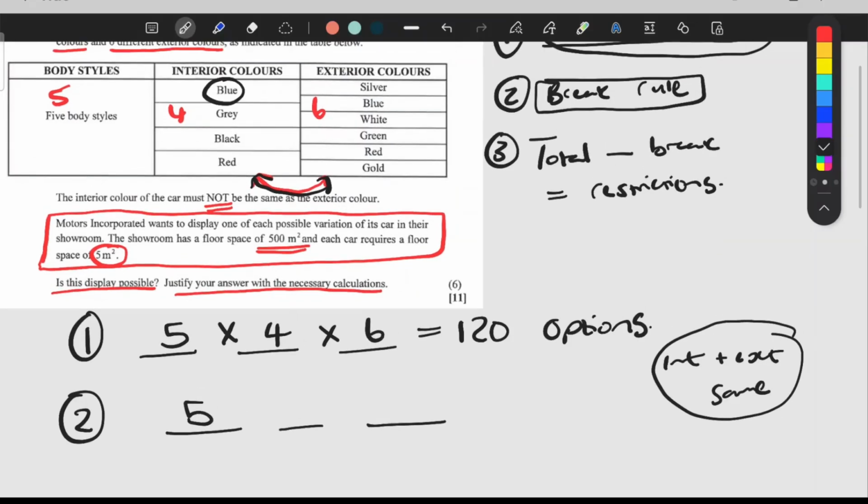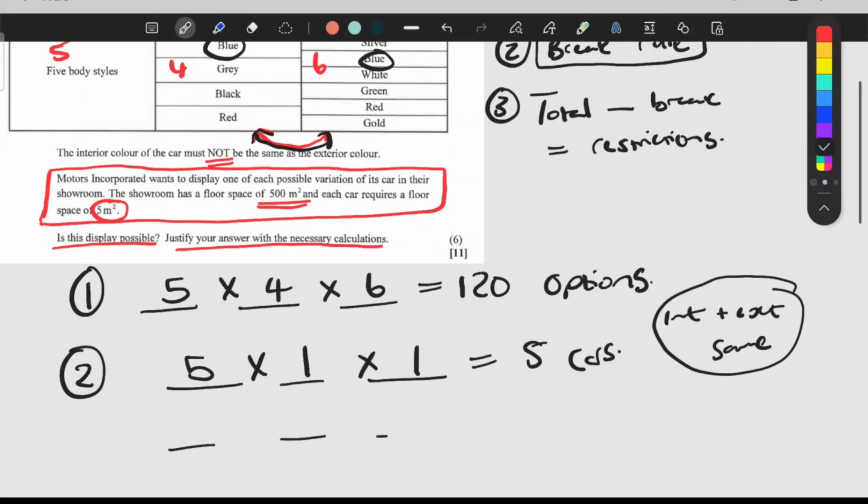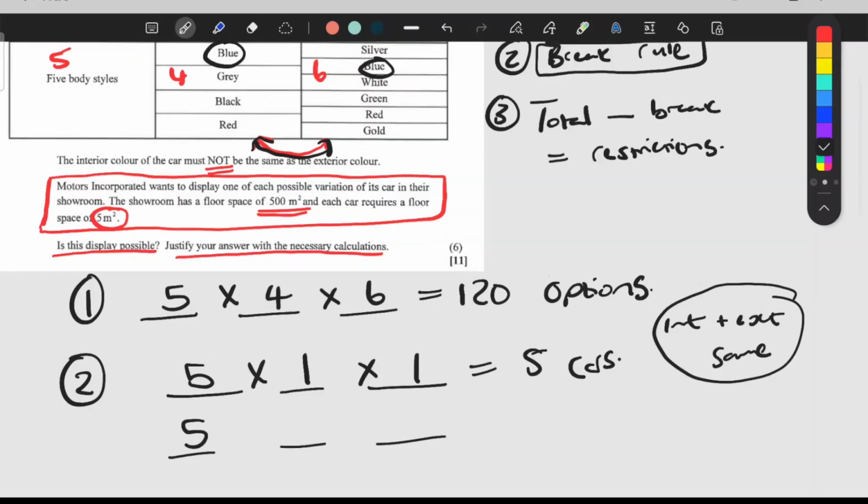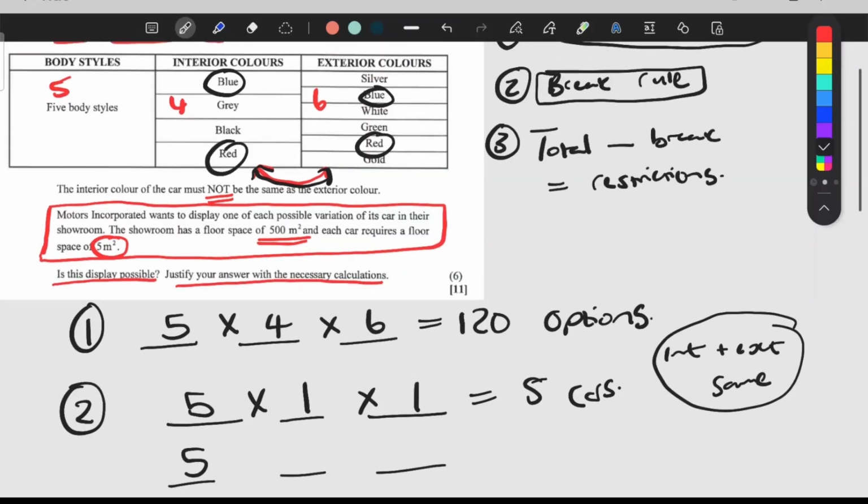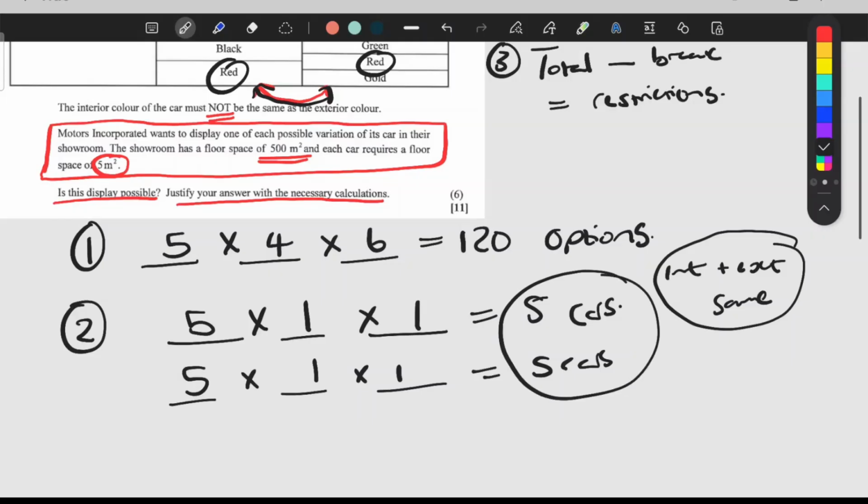So there's blue and blue. Let's take out one blue, one blue. That will break the rule, so that's 5 cars. But then there's this other option also, 5 body styles, because there's also a red and a red. So times 1 interior, 1 exterior, this will give you 5 cars. In total, 10 cars will break the rule.